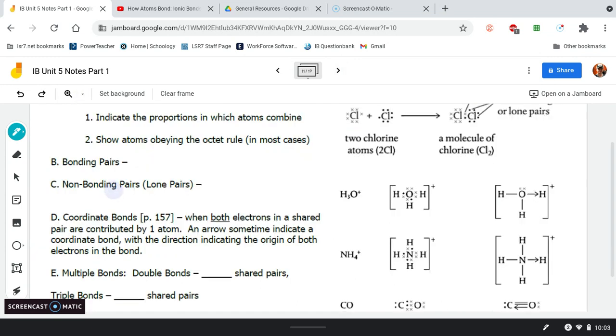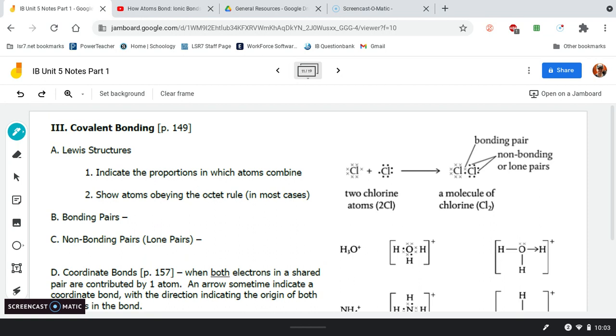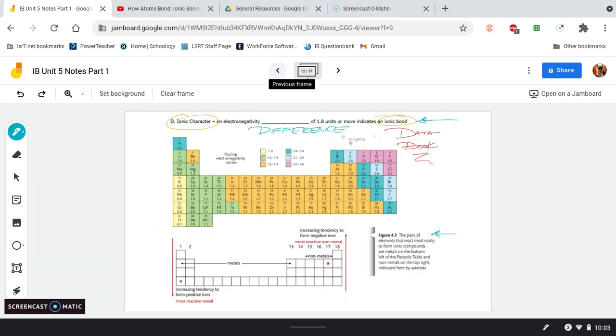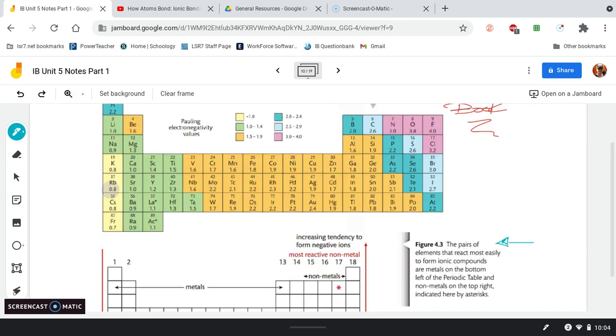What I really want you to take away from ionic is you need to be able to recognize if you have some trait given to you. Like let's say they tell you that you have a chemical and they give you some clues, right?